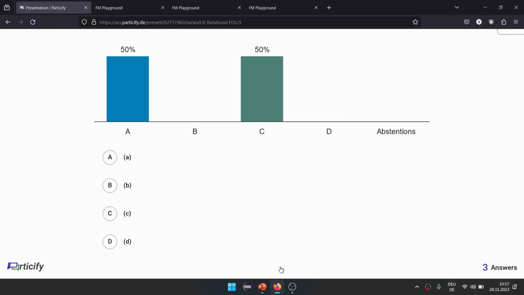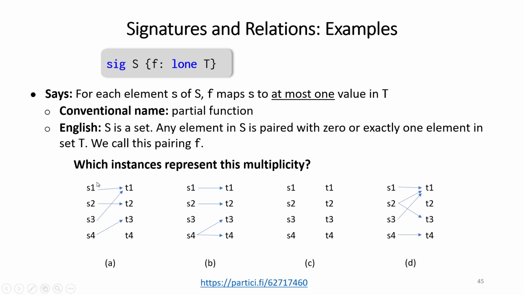Okay, we have three answers, and they all agree. So they all basically distributed their answers between A and C. So A and C are correct. Why? Yeah, maximum 1. So here S is mapped to T1, so here it's exactly 1, actually, right? So here each element from S is mapped to exactly one element from T1. Here we are violating it because S4 is actually mapped to 2.